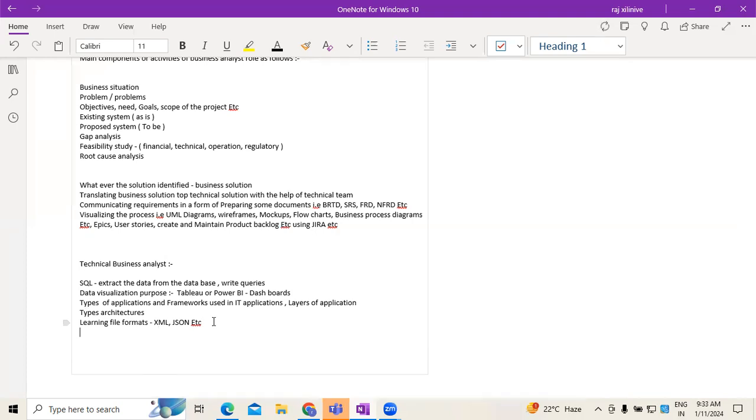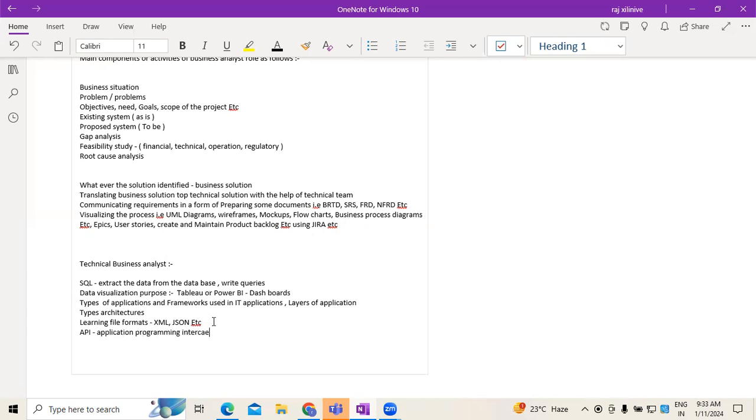Next, some organizations require you to have this knowledge, but I don't say every organization requires it. It depends on the profile and will vary. One is API, which stands for application programming interface.